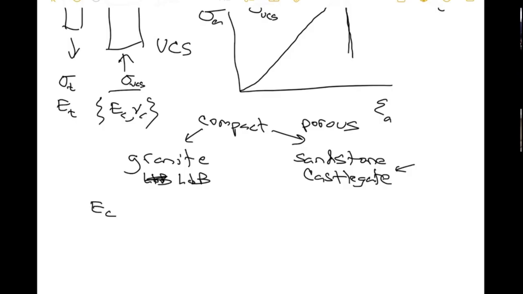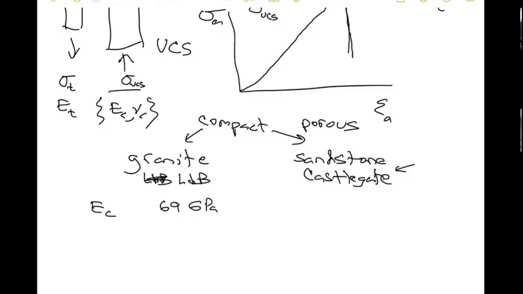So E sub C for that granite is going to be 69 GPa. For this sandstone, what do you think? Bigger or smaller? Well, maybe it's smaller. Why? Because the granite will be bonded better.